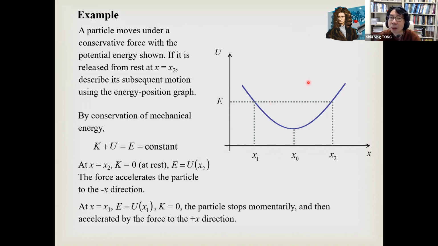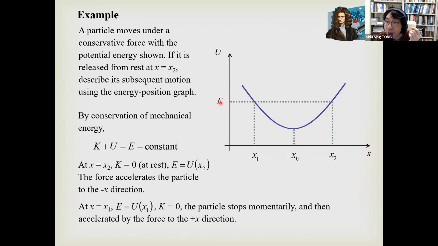Now we have such a bowl. Essentially, we have a bowl. But that is not a bowl, it's a potential energy curve. It is a one-dimensional problem, okay? Not two-dimensional. But the potential energy has a minimum position at the point x0. And now I release the object at the position x2. Okay, so the object is now released at rest. And at the point of release, the total energy is the potential energy.